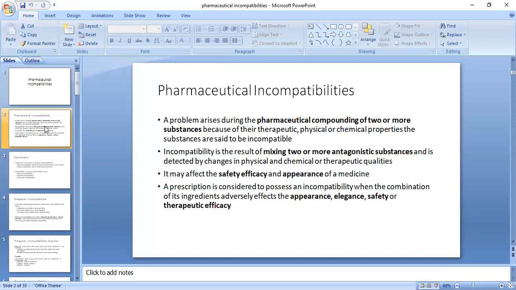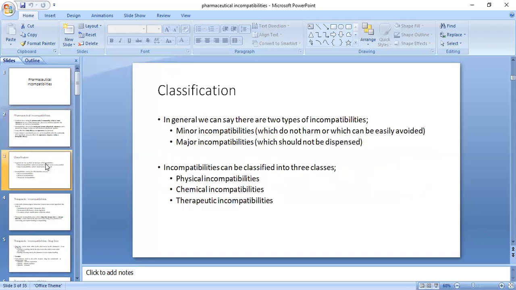So, these definitions we can say about incompatibilities in the prescription or in the pharmaceutical compounding of two or more substances, and in mixing of two or more antagonistic substances. So, incompatibility can be detected in every step of the compounding or in the prescription.